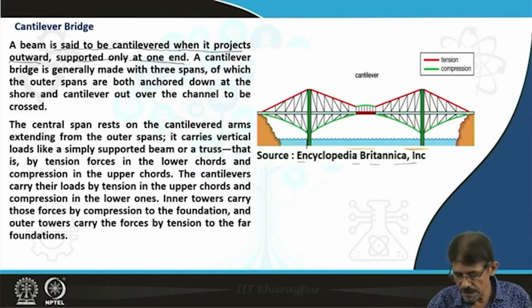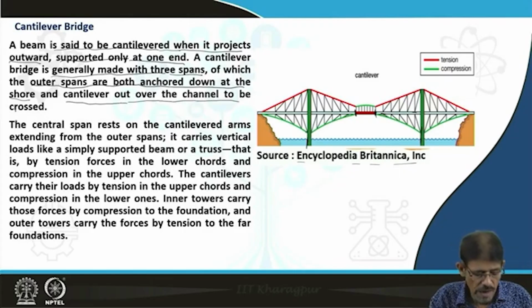A cantilever bridge is generally made with 3 spans, or 2 spans disconnected in this way, of which the outer spans are both anchored down at the shores or abutment side, and cantilever out over the channel or river to cross.